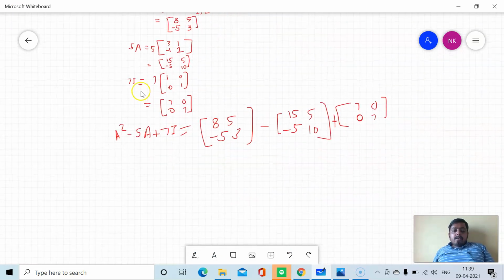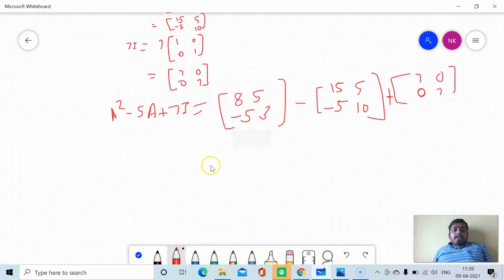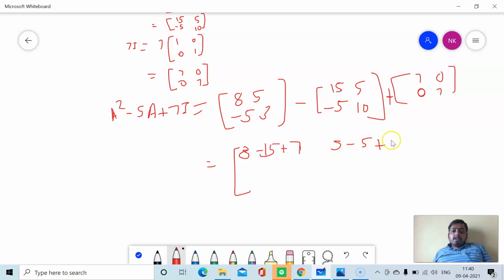All these are 2 by 2 matrices, so the resultant of addition and subtraction is also 2 by 2. So we add the corresponding elements of each matrix. 8 minus 15 plus 7. Now the second element, 5 minus 5 plus 0.